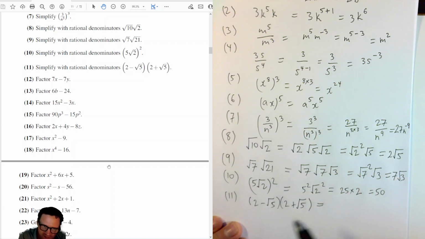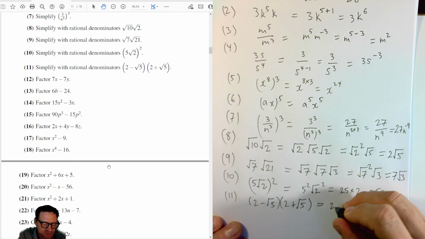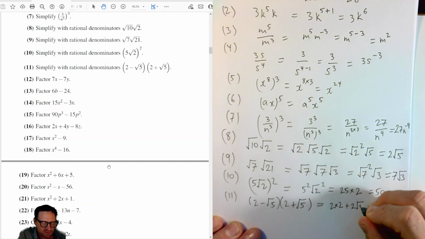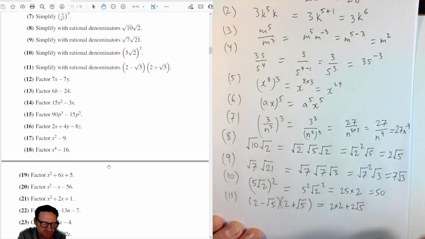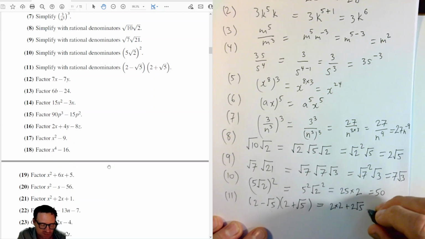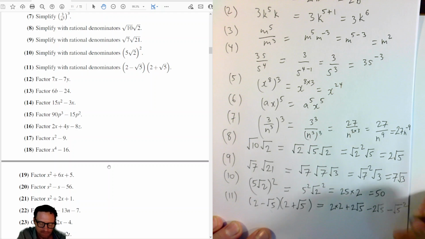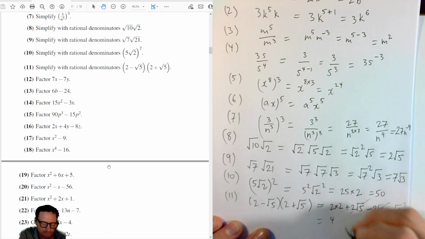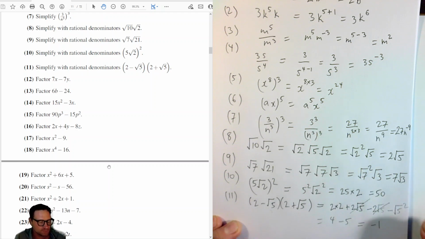But if you didn't know that and expanded it, what you would get is 2 times 2 plus 2 root 5, and then minus root 5 times 2 is minus 2 root 5, and then minus root 5 squared. Okay, now root 5 squared is 5, and these two vanish. So we have 4 minus 5, which is minus 1.